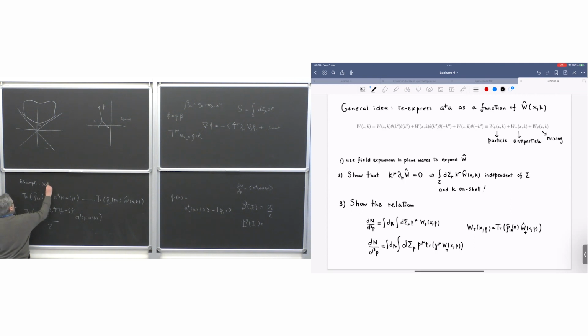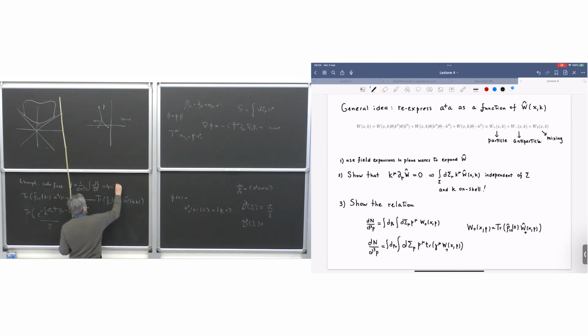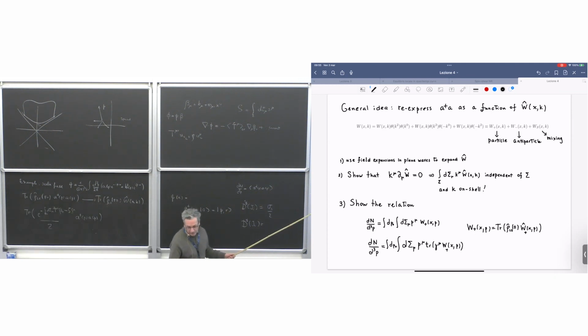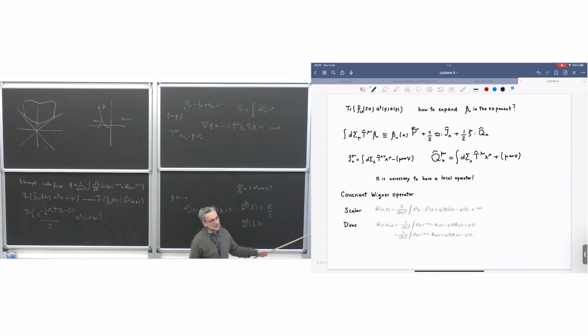For the complex scalar field, you have the well-known expansions in plane waves. Let's put it into the Wigner definition here, so into this formula, and what we get is something like this, okay?